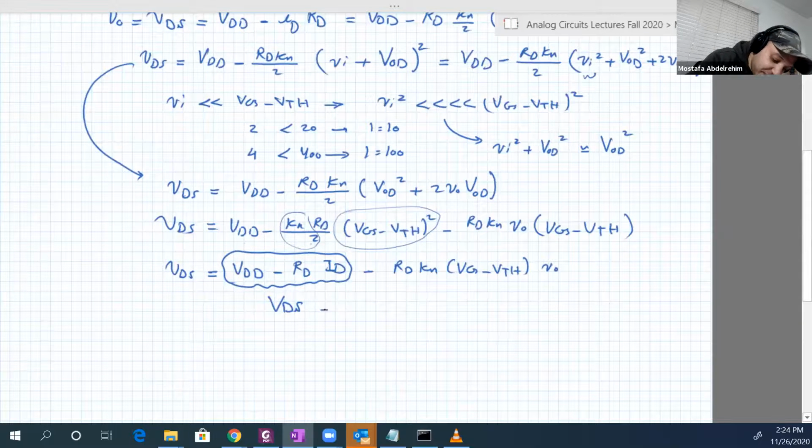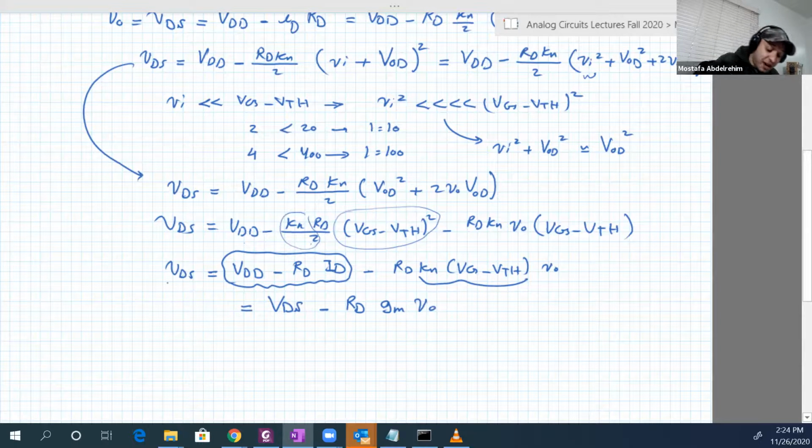Minus a constant. RD is a constant which depends on the circuit, and another constant here, which I will call gm, and you will see why I call it gm, times Vi.